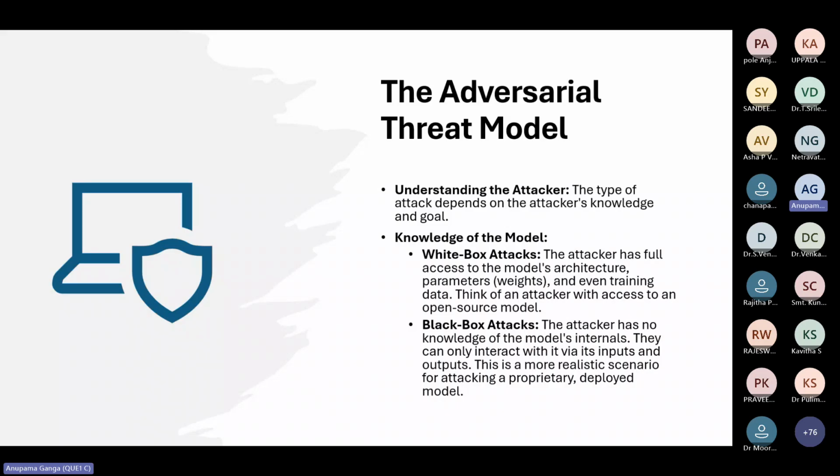In the adversarial threat model, there are two types, based on knowledge levels. A white box attack is one where the attacker knows everything about the AI: how the model is working, what kind of input is being fed, what logic it is following, and how it is generating the output.